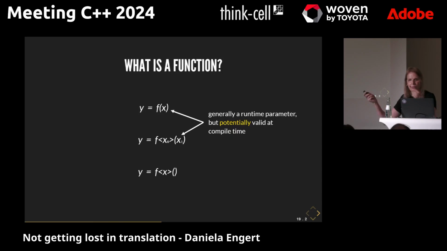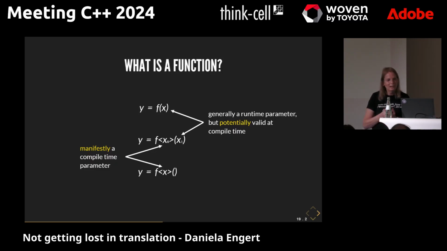This is what we do every time, but they can also be potentially valid at compile time. On the other hand, these angle brackets are arguments to a function that need to be available at compile time. You can't get around them.